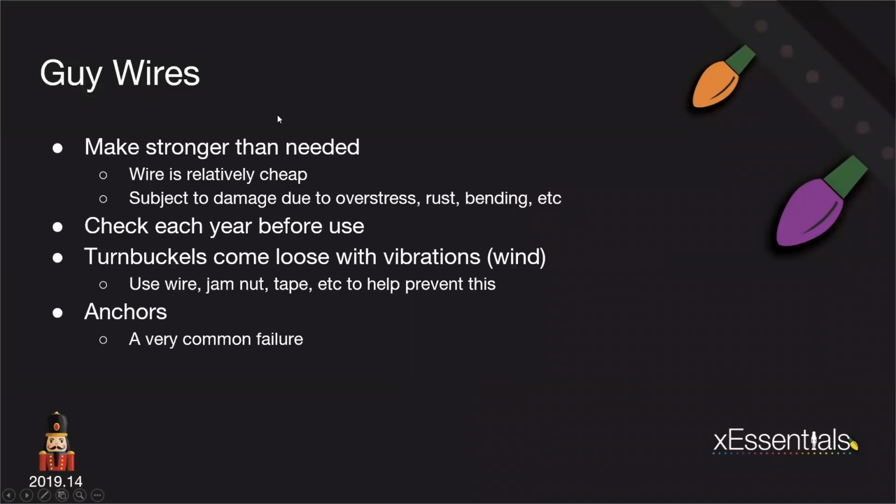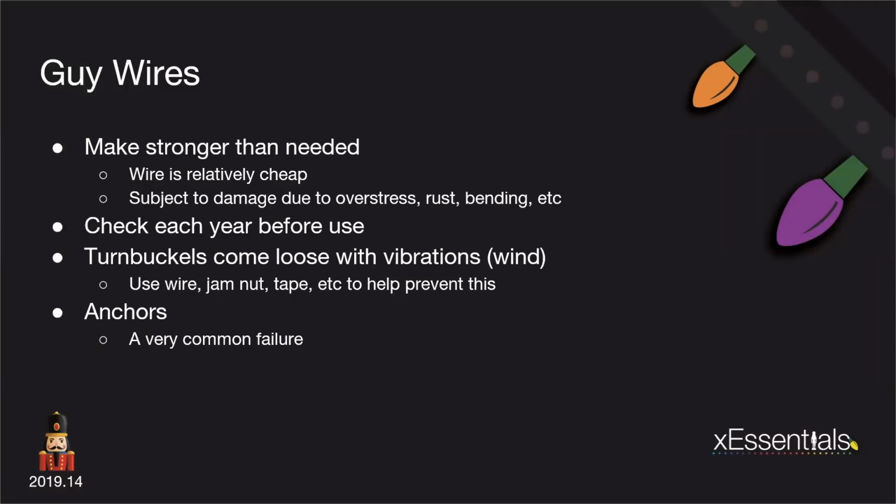For your guy wires, always make them a little stronger than you think you need. The wire is relatively cheap and easy to get. If you calculate that you only think you need a 1/16 inch wire, buy an eighth. It's really not that much more money, and it's going to last longer. The wire can easily be overstressed. It can rust. It's going to be out in the elements all the time.